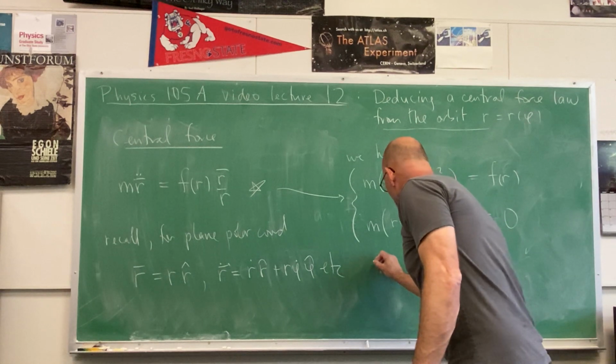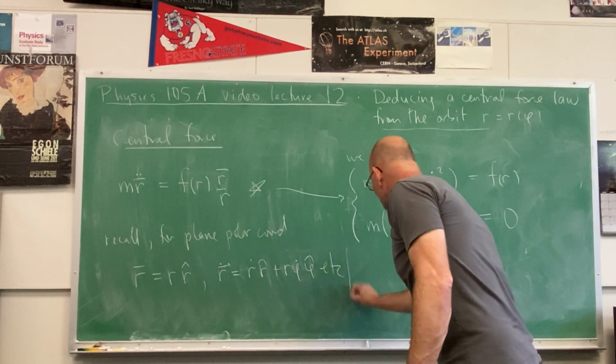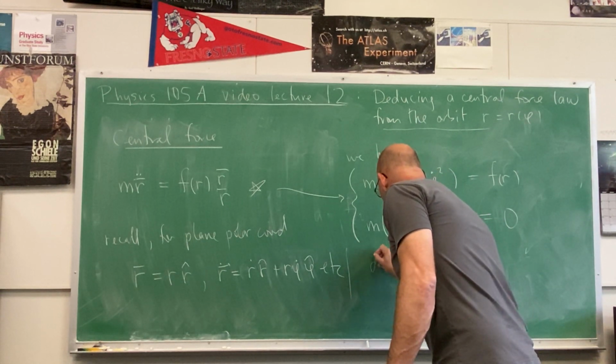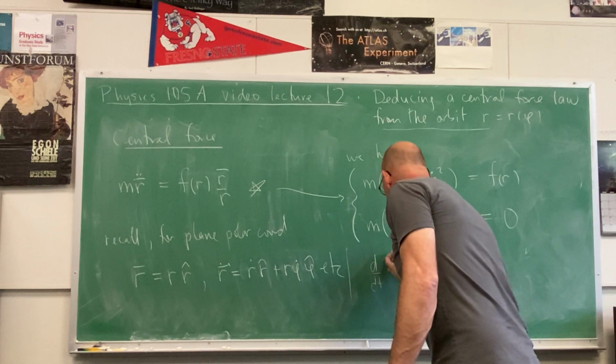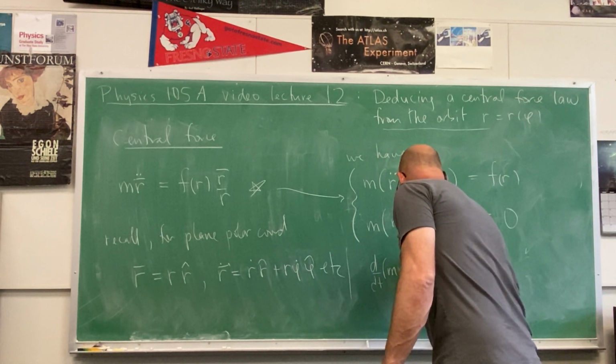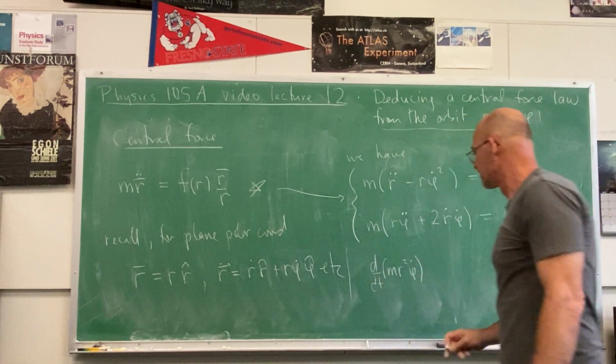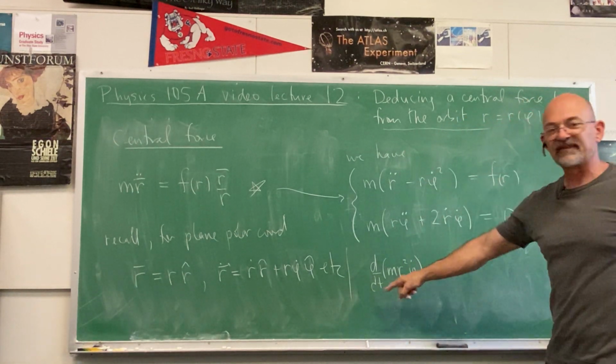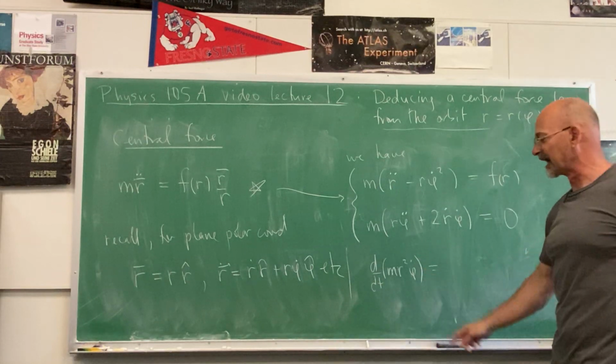So I'll go ahead and do this. If we do the time derivative of m r squared phi dot, just pulled that thing out of a hat, right? We don't even know where it came from.